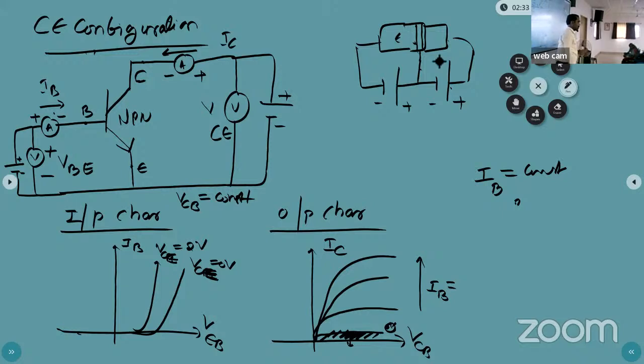If both are in reverse bias, this circuit acts as an off switch. Off. So this region is called the cutoff region. If both junctions, the input junction and the output junction, are reverse bias, then that is called the cutoff region.